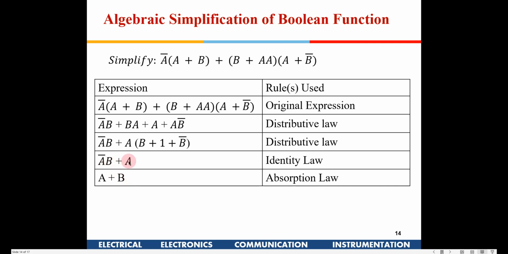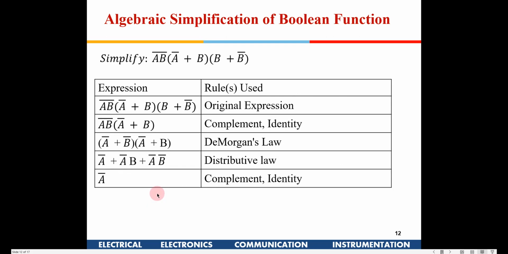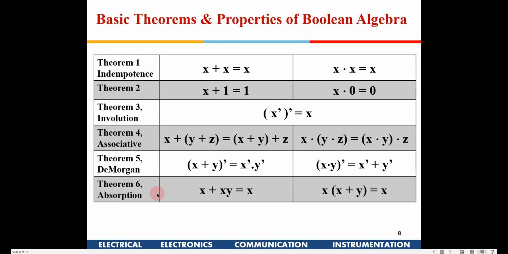If you see, A plus A bar B is written out here. If A is equal to 0, then this is going to be 1, so you will have a B. Similarly, if A is equal to 1, then this term vanishes, this is 0, so you can write A or B. So this is another absorption law, but a modified one. It is not exactly like this. Where is the absorption law?